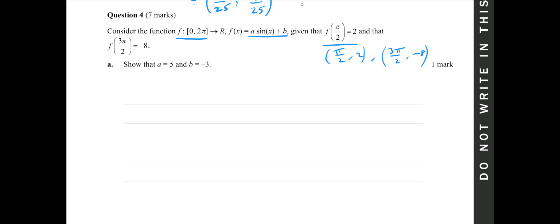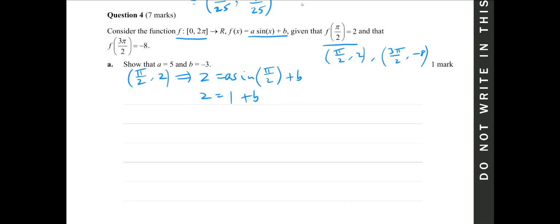All right. So taking the first coordinate, pi over 2, comma 2, we are going to say that the y value is 2, and the x value is pi on 2. So 2 equals sine pi over 2 plus b, and that simplifies to 2 equals, sine of pi on 2 is 1, 1 plus b.